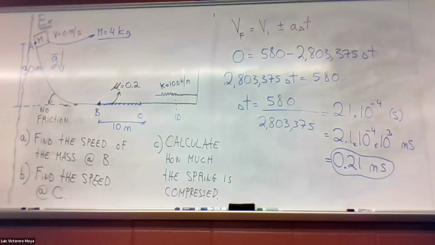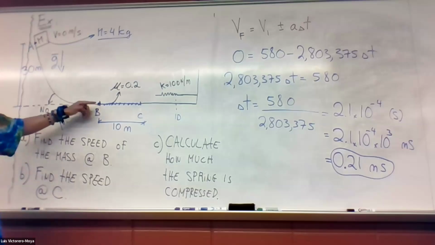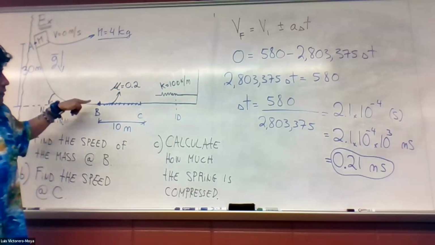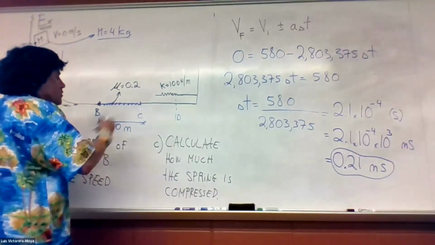At rest, it's gonna drop without friction. It reaches this point, so you can find the speed at this point. Then it's gonna enter this rough section, there's friction here for 10 meters. And then it's gonna continue with no friction.